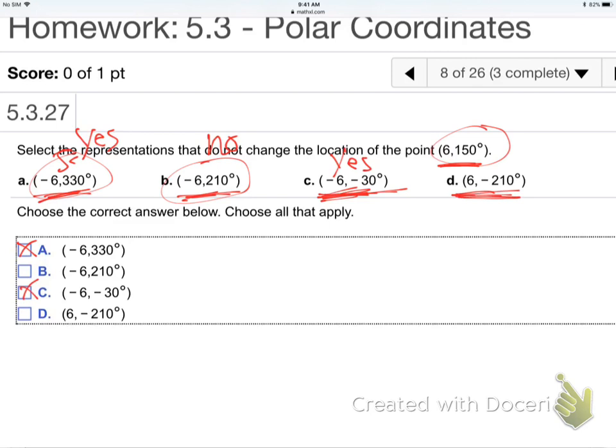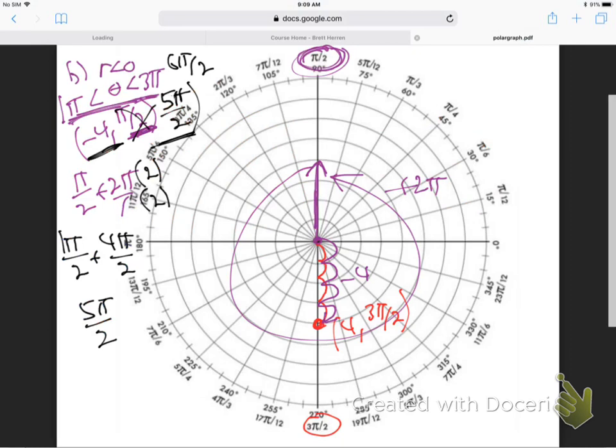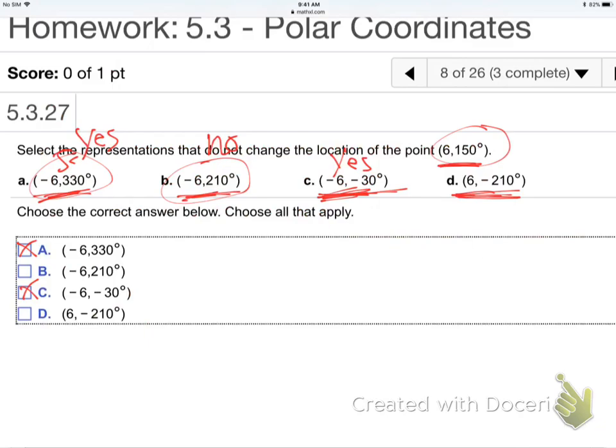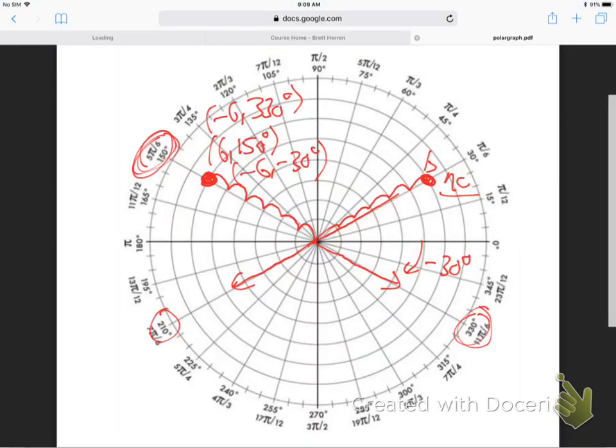How about D? Face negative 210? I don't think so. What's negative 210? 150. If you take 360 minus 210, you get 150. So 150 is this direction, and then they said go 6. Yeah, so this is also right. Negative 210 is the same as positive 150.